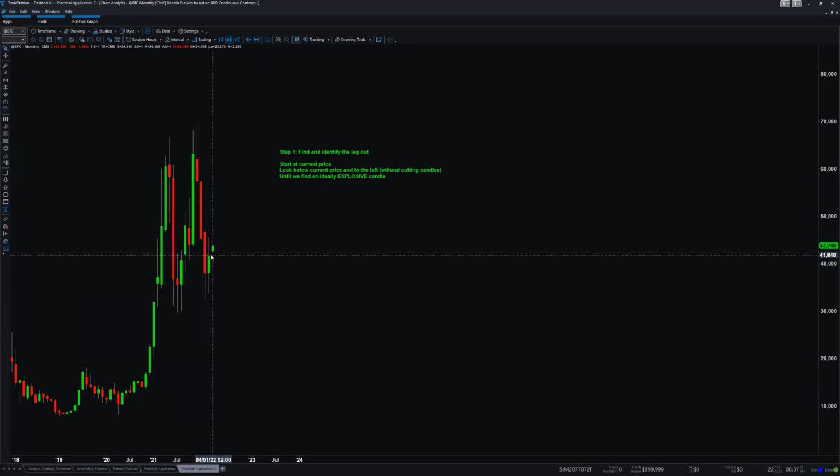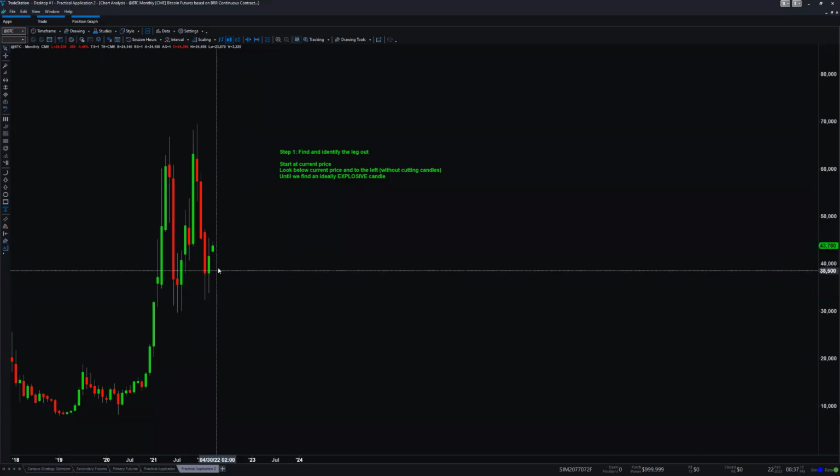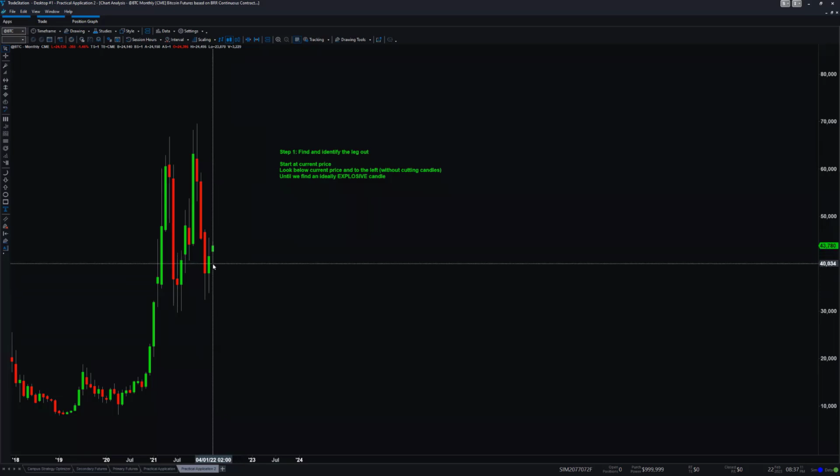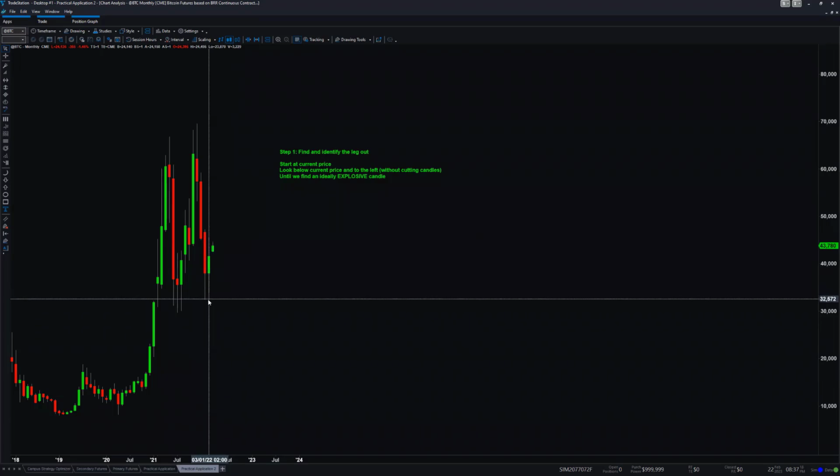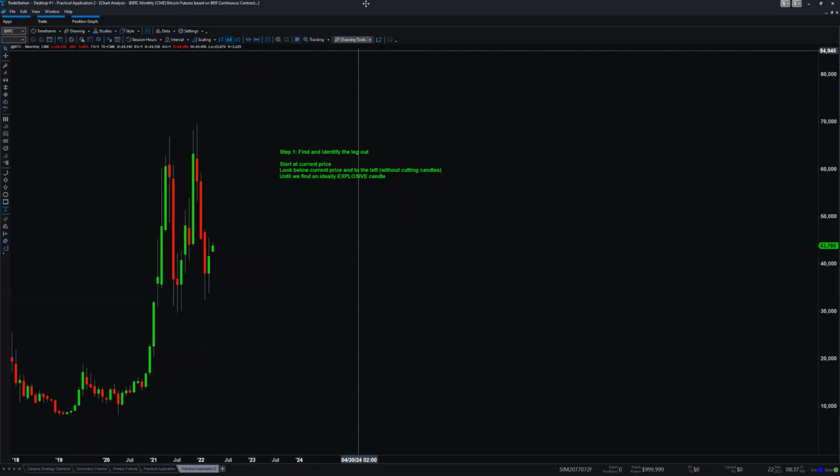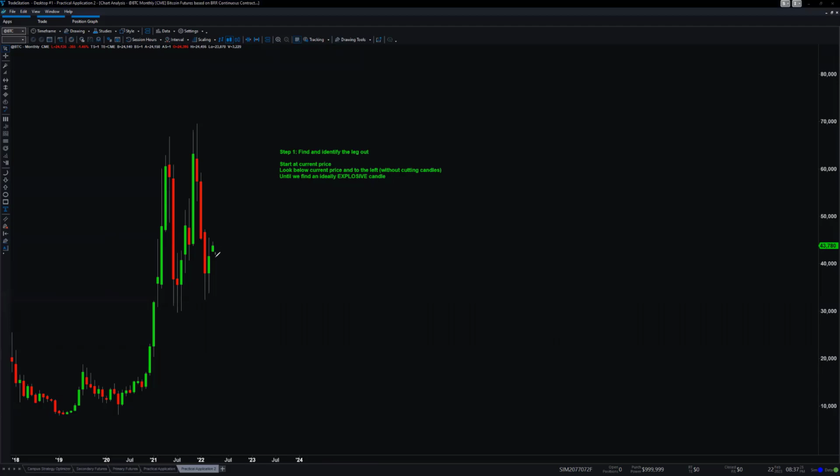Probably not. It's rather indecisive, especially if we look at the body to wick range ratio. It's definitely indecisive. So we look to the left and now I'm here. I go below. Now I'm here.